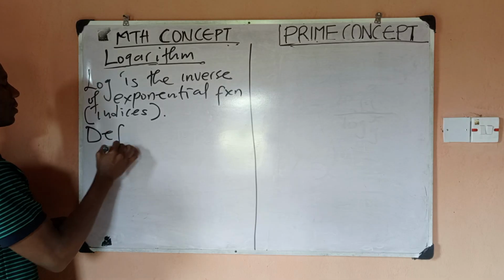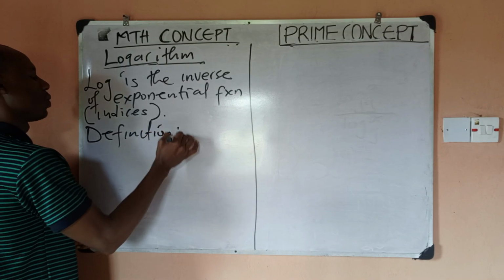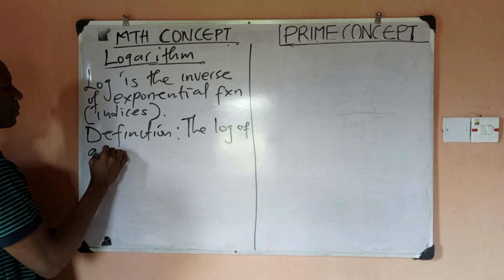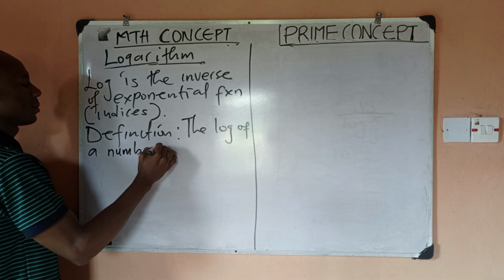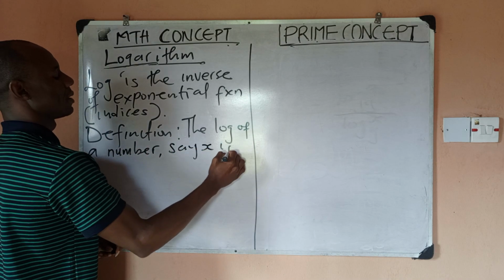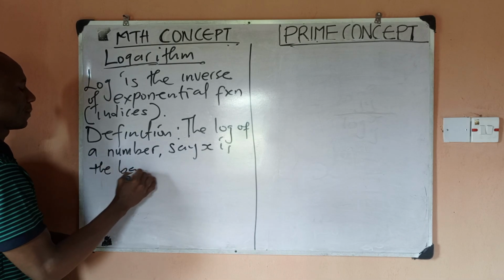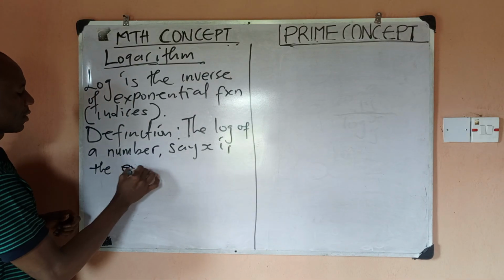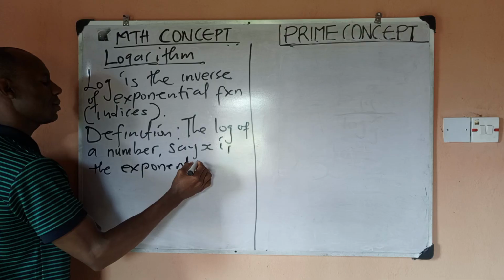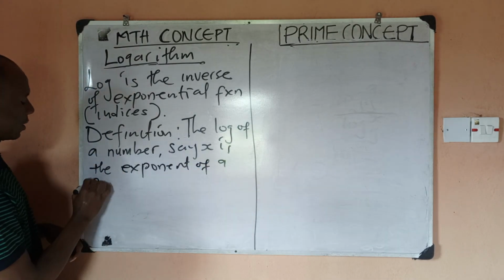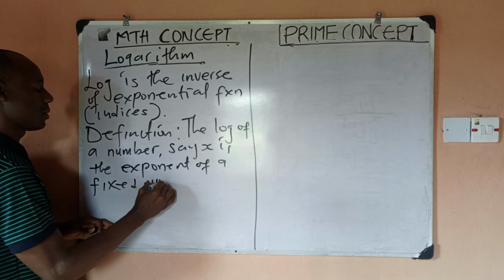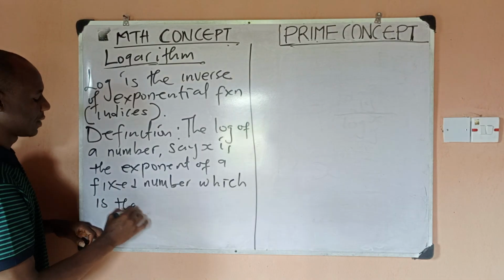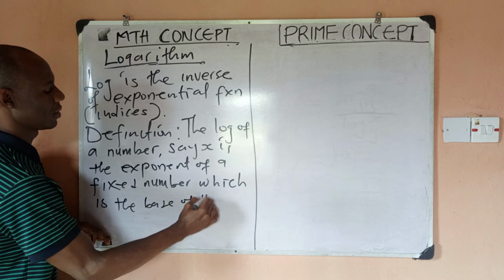So by definition, we can say that the logarithm of a number, say x, is the exponent of a fixed number, which is the base of the log.